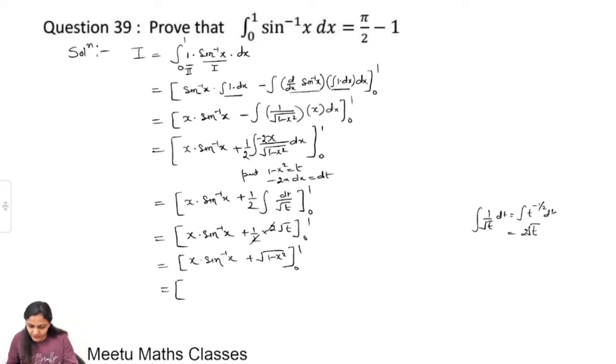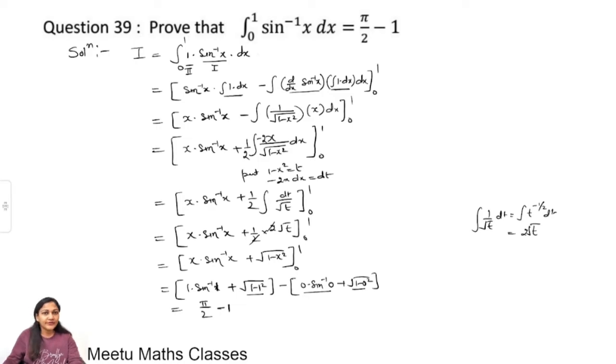Now we are going to substitute our limits. First of all, replace x with 1, and minus, now finally replace x with 0. So this will give you sine inverse 1 is pi by 2. This will become 0, this will become 0, and this is 1 only. So minus 1. And this is your right hand side.